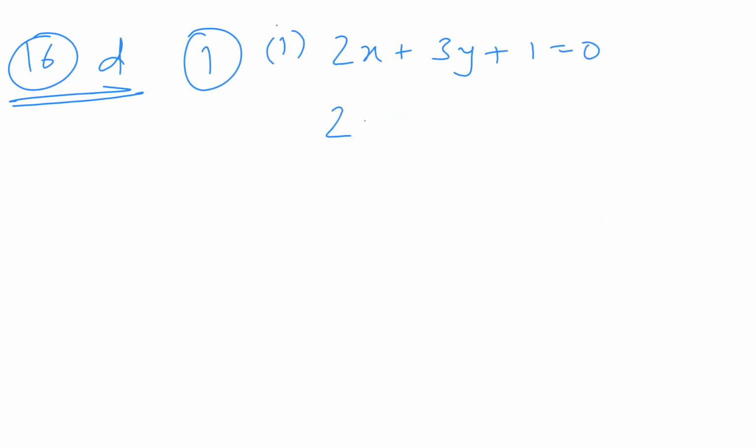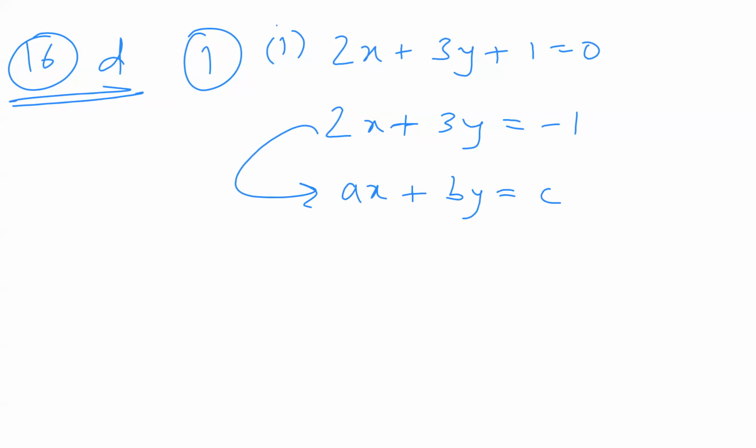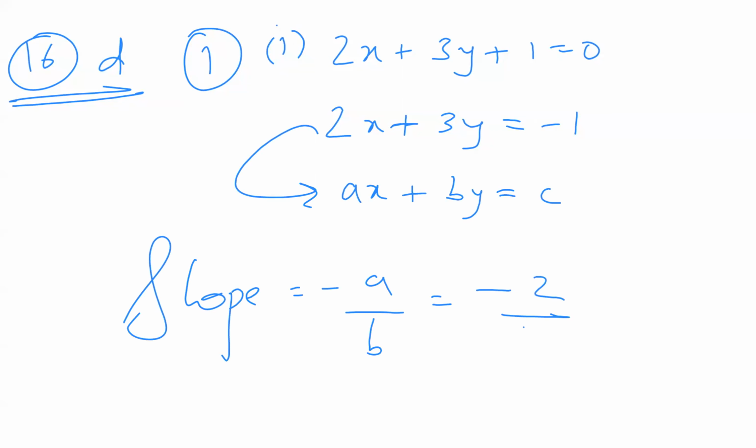So I'll convert this to general form, 2x plus 3y is equal to -1. So this is nothing but ax plus by is equal to c. So what's the slope over here? Slope is minus a by b. a is the coefficient of x, b is the coefficient of y, so the slope is -2 by 3.